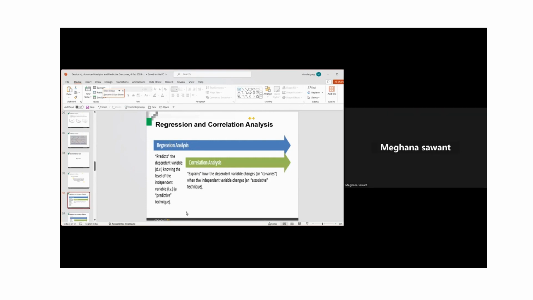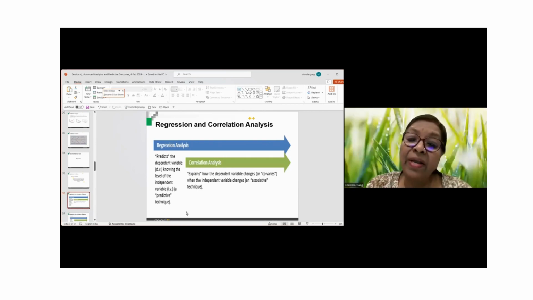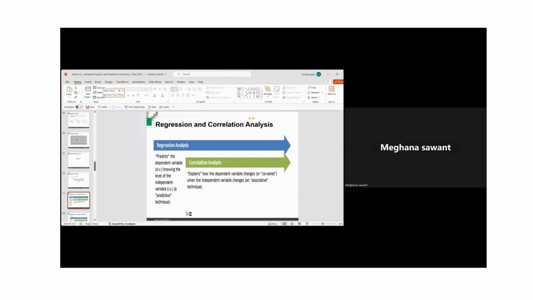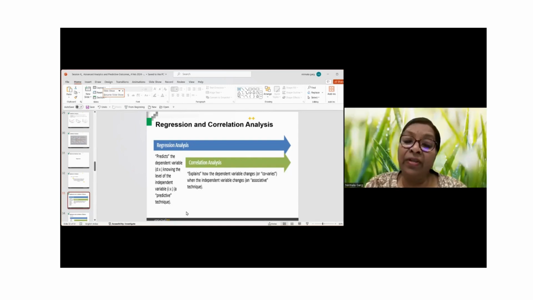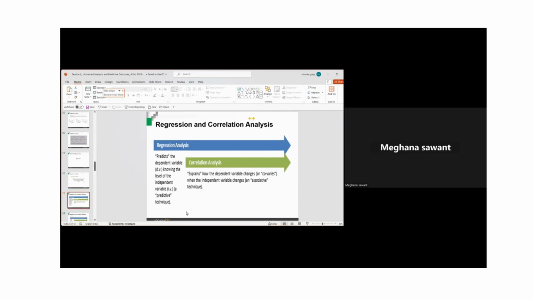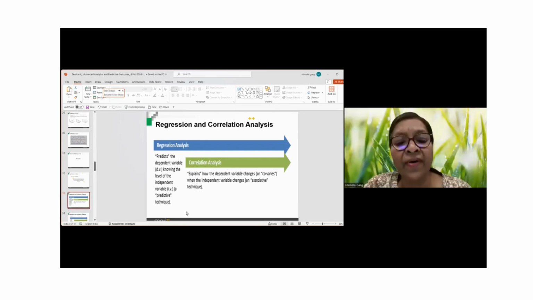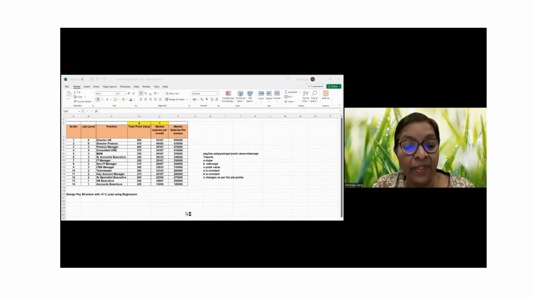Independent, because that impacts the performance. Performance is predicted by the independent variable, therefore it is dependent. The dependent variable is called Y and the independent variable is called X. I will again pull the data.